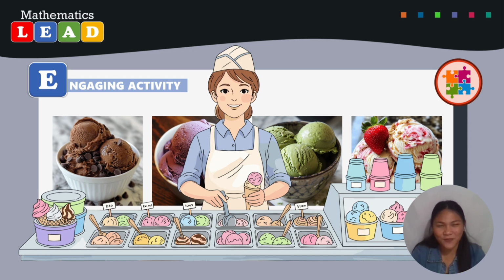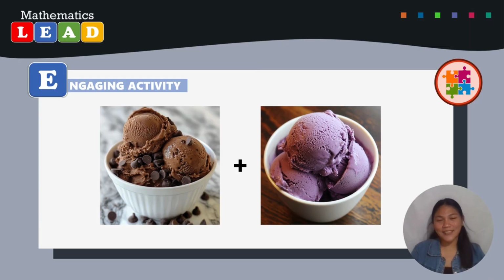What are the possible combinations you can offer? I will give you 1 minute to do so. Remember that each sundae must have at least 2 flavors. An example is the combination of chocolate and ube. Are you ready? You can start creating your combinations of ice cream flavors now!